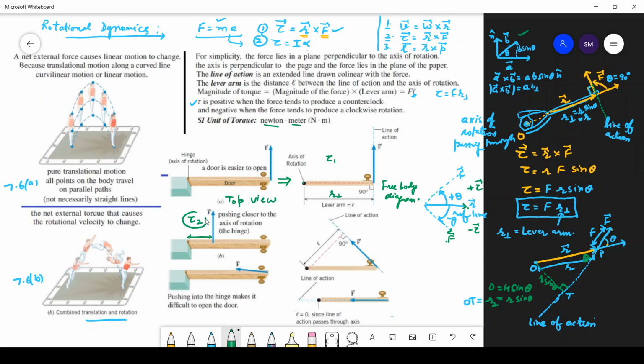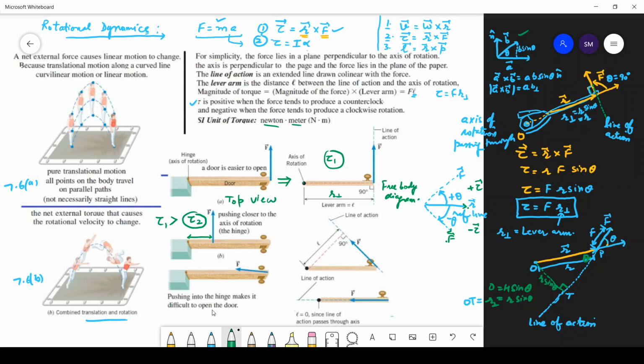Now I am changing the R. Which one is greater, tau 1 or tau 2? Tau 1 is greater, yes. So tau 1 is greater than tau 2.